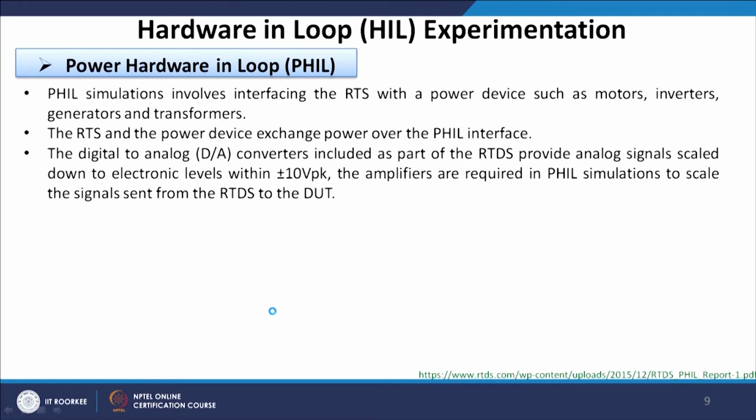Now, the digital to analog DA converter included as part of the RTDS provides an analog signal scaled down to electronic level within plus or minus 10 volts, and the amplifier is required in PHIL simulation to scale the signal sent from the RTDS to the DUT, or your device under test.